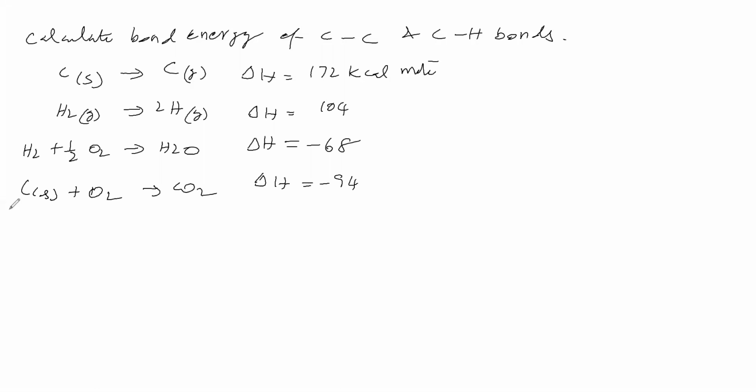Then heat of combustion of C2H6 is given as minus 372 kilocalories. Heat of combustion of C3H8 is minus 530. These are the given data. Using the given data, we have to calculate at 25 degrees Celsius.